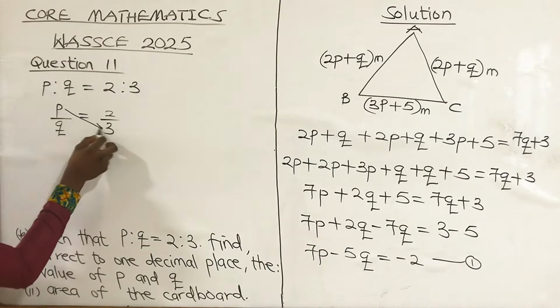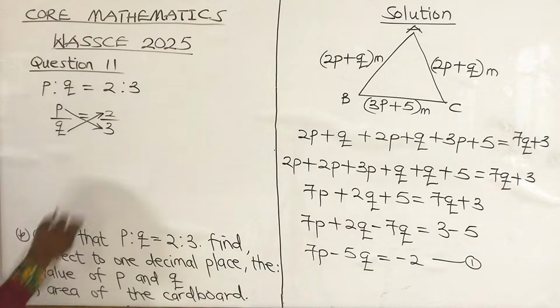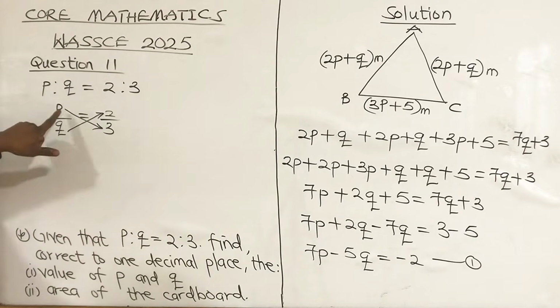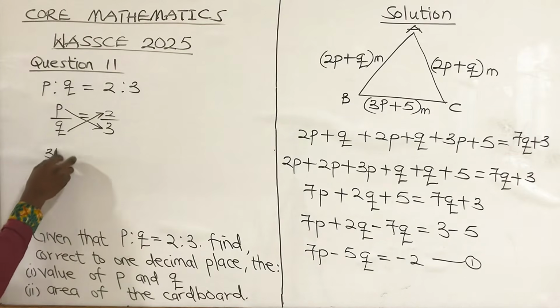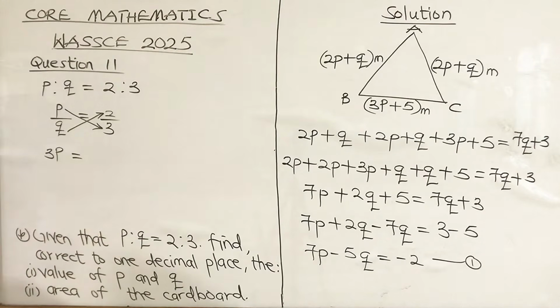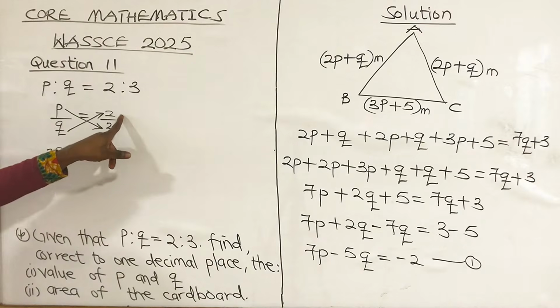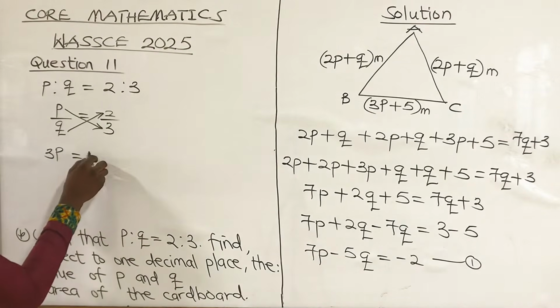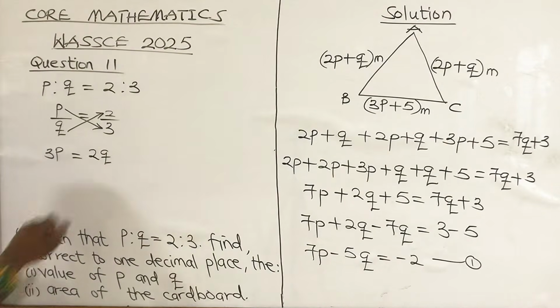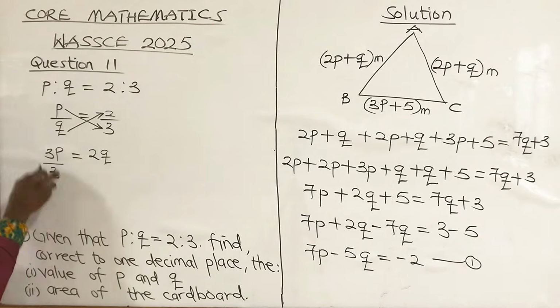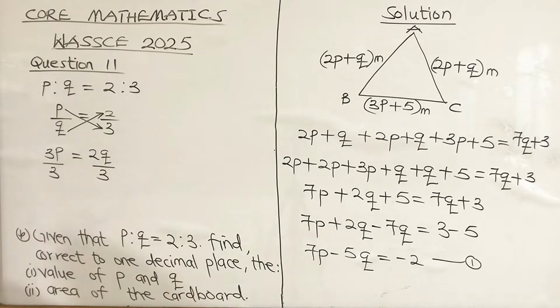So p multiplying 3 gives 3p, which is equal to q multiplying 2, giving 2q. Now we make p the subject, so I divide through by the coefficient of p.